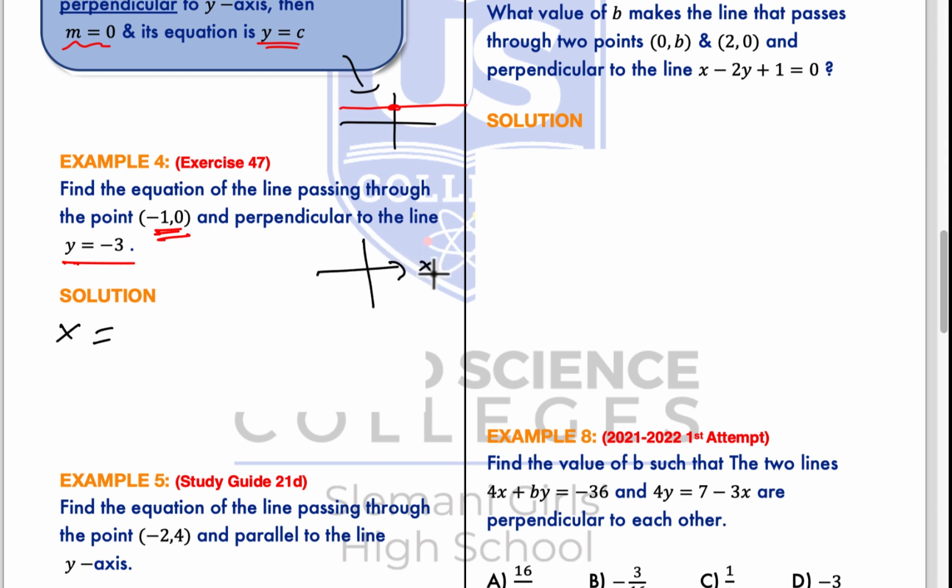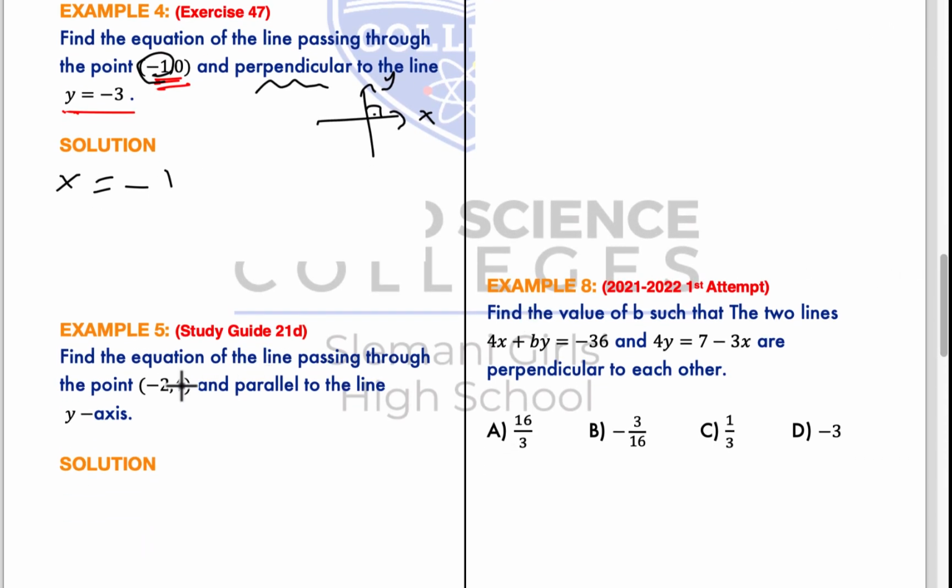That's your x-axis. This is your y-axis. So what is that something? That something is given in the point as -1. So no need to solve. Just figure out what is going on.